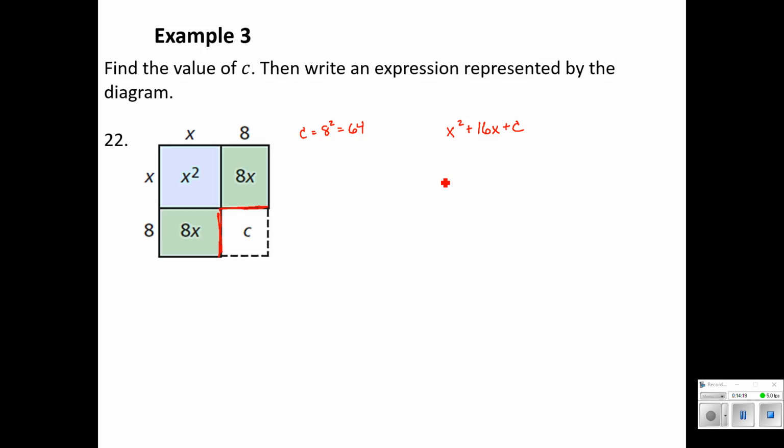And if we include our c value, we could call that x squared plus 16x plus 64. Or, if we wanted to express it as a binomial squared, we could call it x plus 8 squared. So just tying all those ideas together.